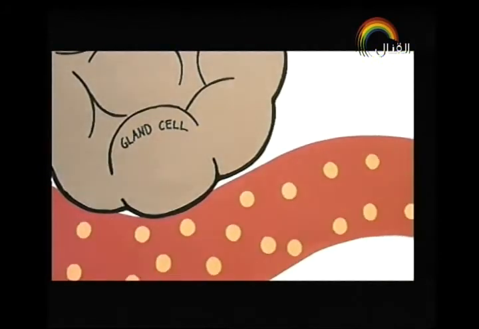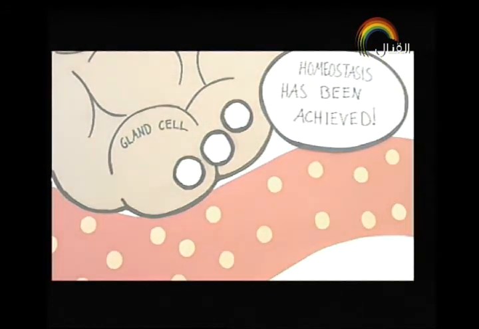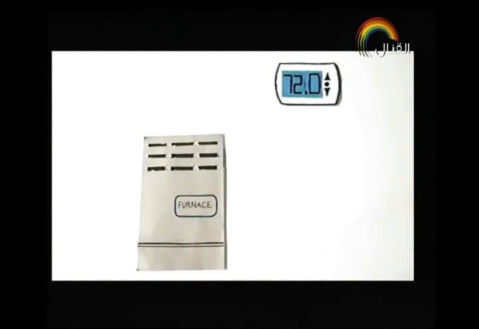And after finishing from the gland cell, or from the hormone reaching the target cell, after that the target cell also what? It also returns back and gives another signal to stop what? To stop the secretion.